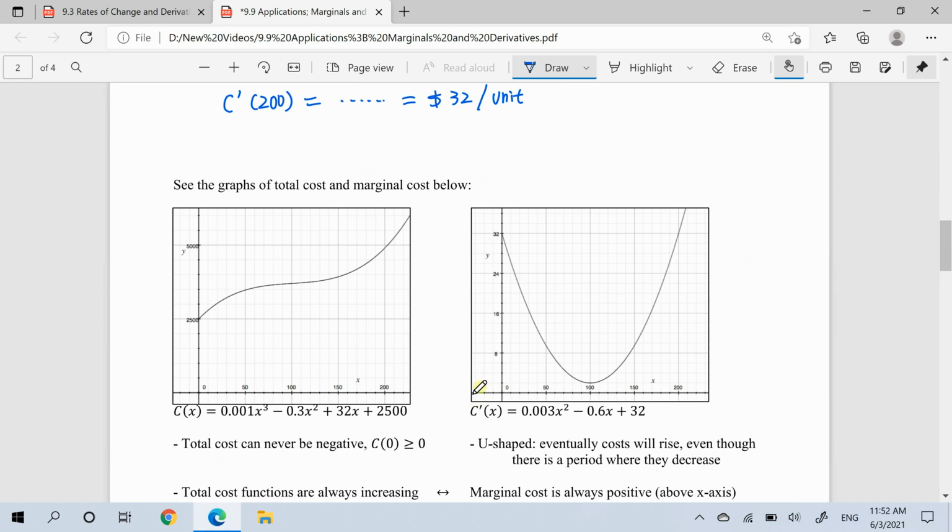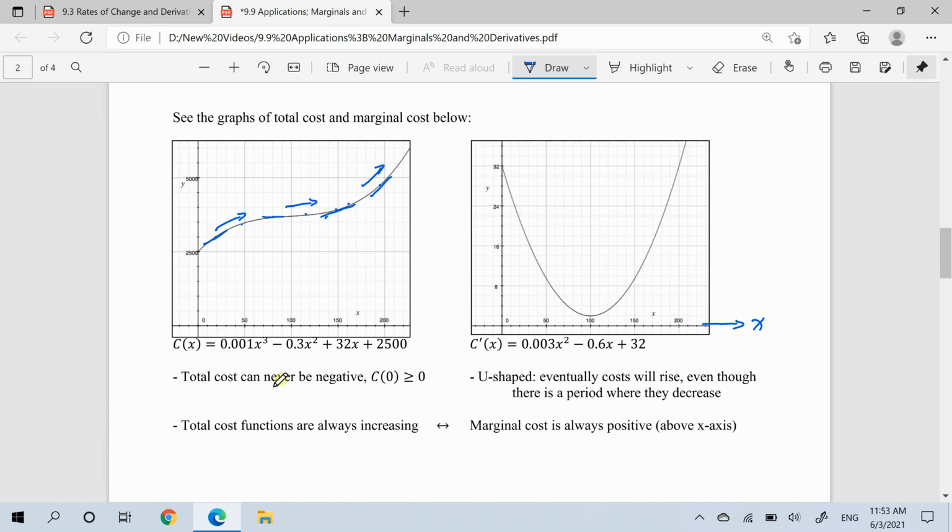You see the cost function is all increasing. Then you see the whole derivative function is all above the x-axis, all greater than 0, all positive, because at any point, if we take the tangent line as you trace along the curve, the slope of the tangent line at each point is positive, greater than 0.